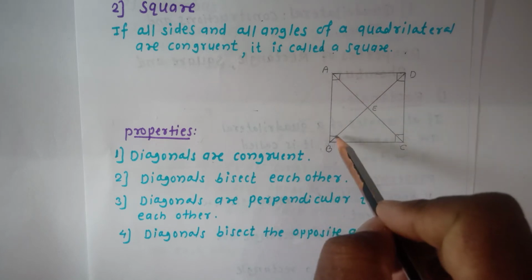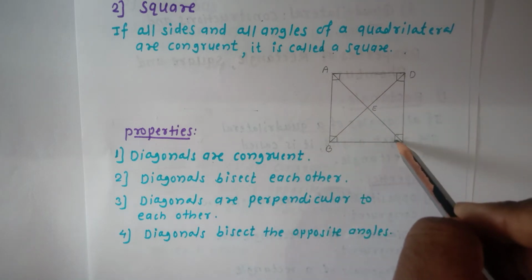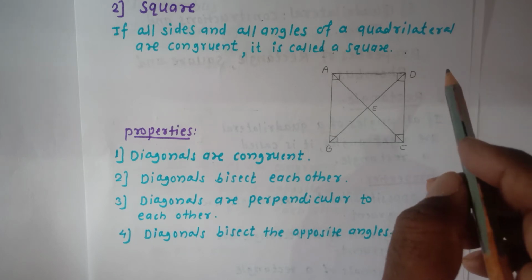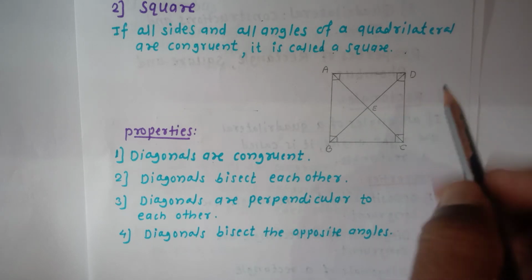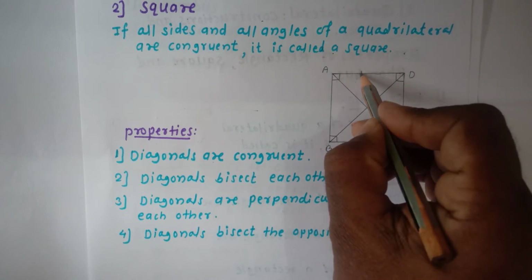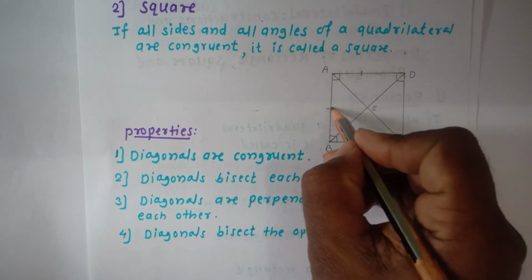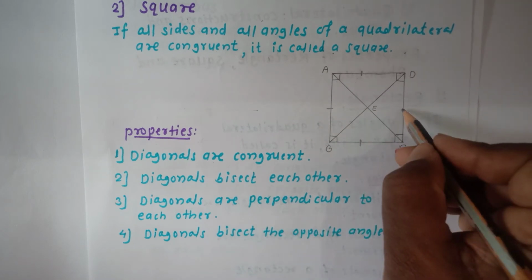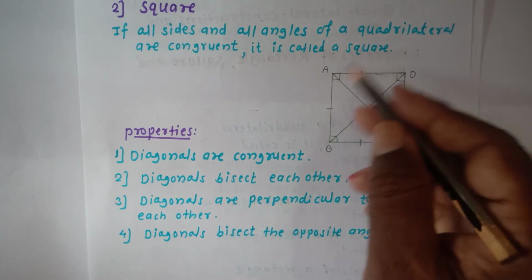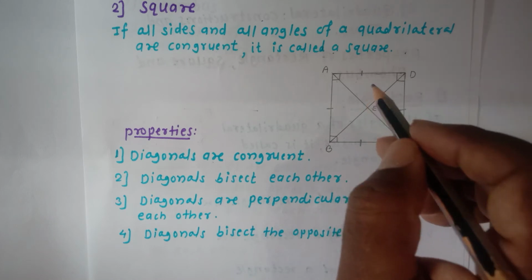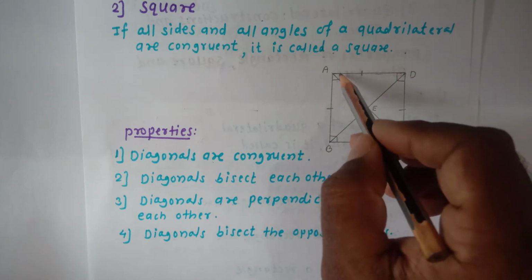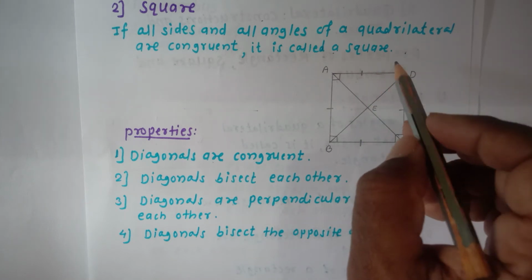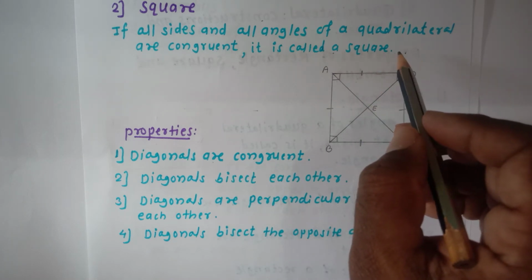Also all sides are congruent, means side AD congruent side AB, congruent side BC, congruent side CD. All the sides are congruent. So such a quadrilateral in which all angles are congruent and all sides are also congruent is called square.